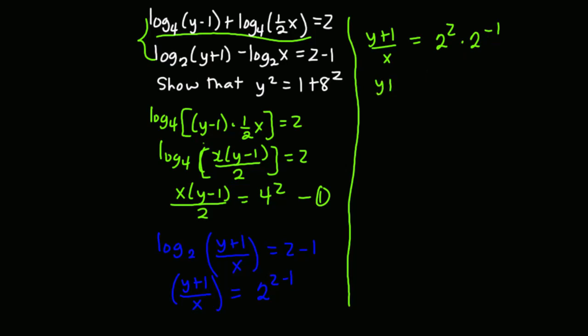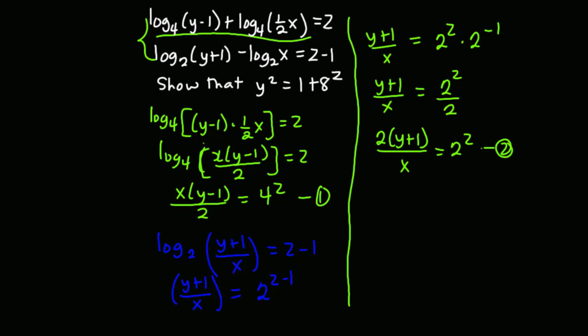And so we have y plus 1 all on x is equal to 2 exponent z divided by 2. So what this means is that we are going to have 2 times (y plus 1) all on x is equal to 2 exponent z. So let's call this equation 2.